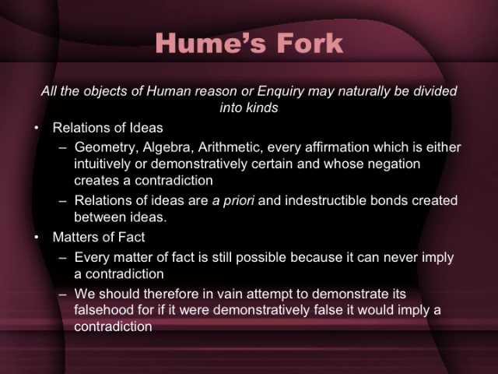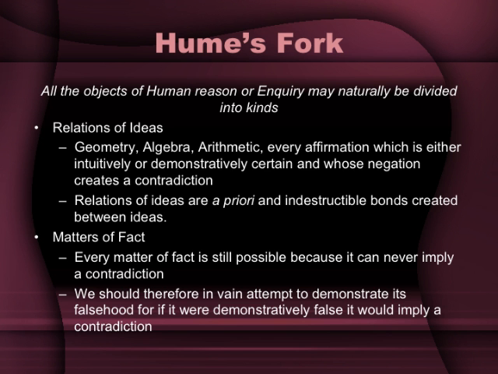What Hume is saying here is that when you make a statement like that, which is a matters of fact type of statement, there is nothing within the argument itself that creates this indestructible bond of certainty that can prove the argument without experience.